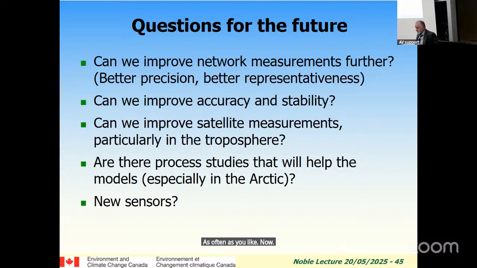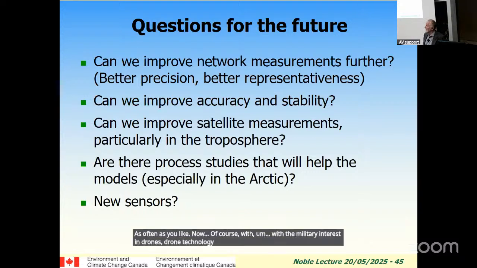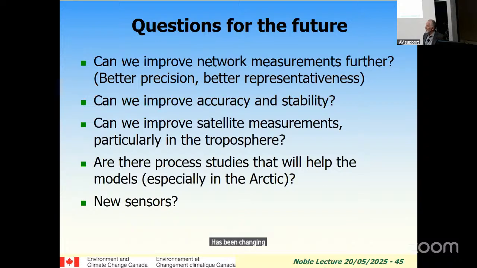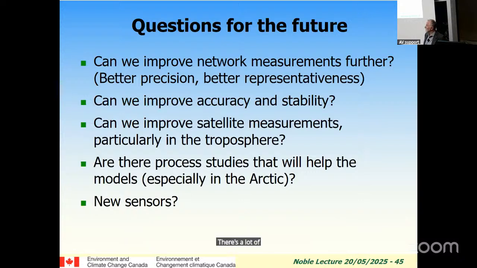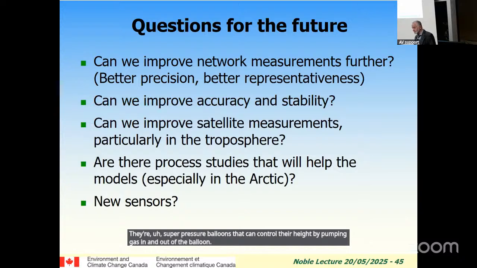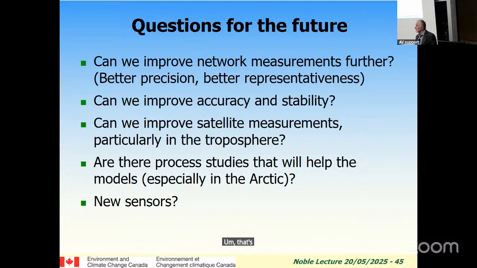Now, of course, with the military interest in drones, drone technology has been changing rapidly, so I would imagine what I found a few years ago is completely obsolete, and there's a lot of possibility for drones. There are also directed balloons. They're super pressure balloons that can control their height by pumping gas in and out of the balloon. That's another possibility, and some of those are available commercially.